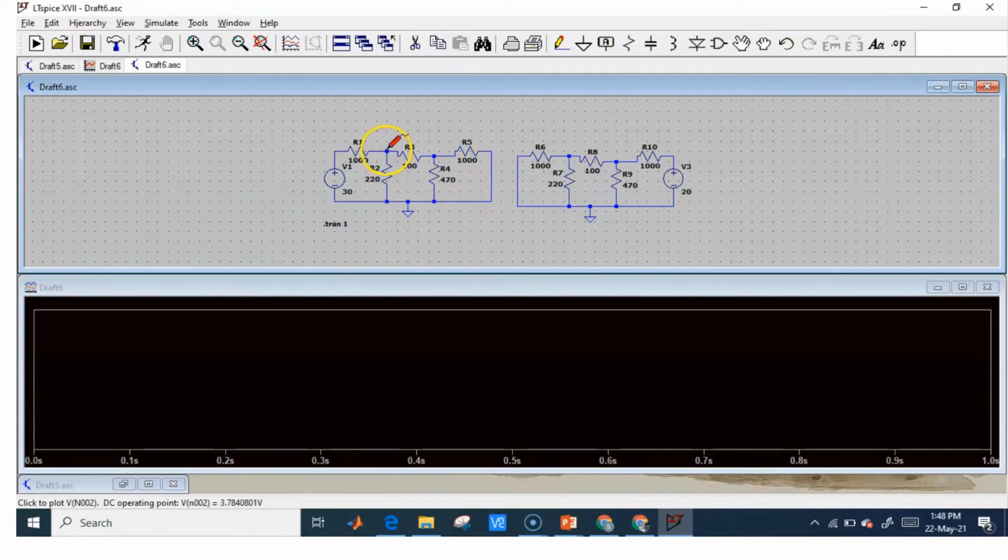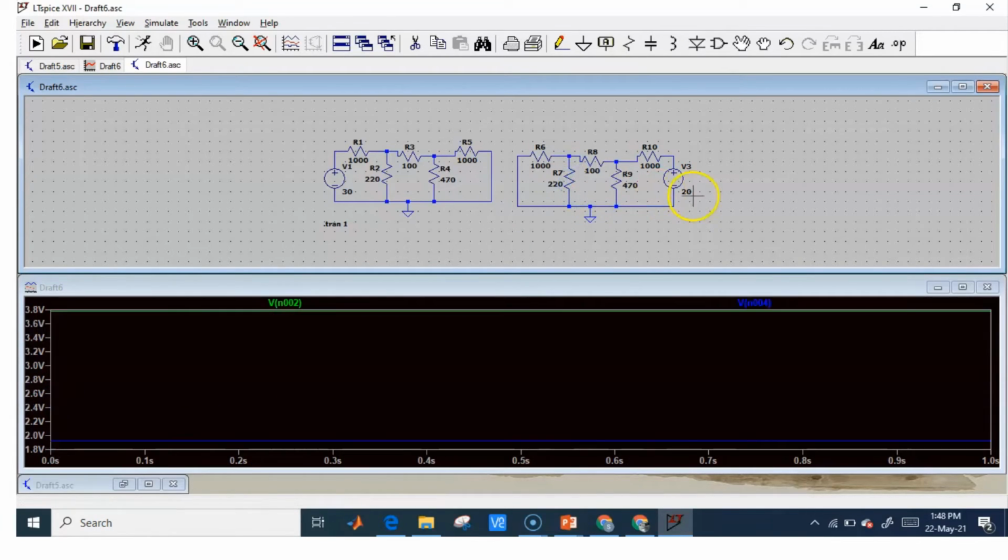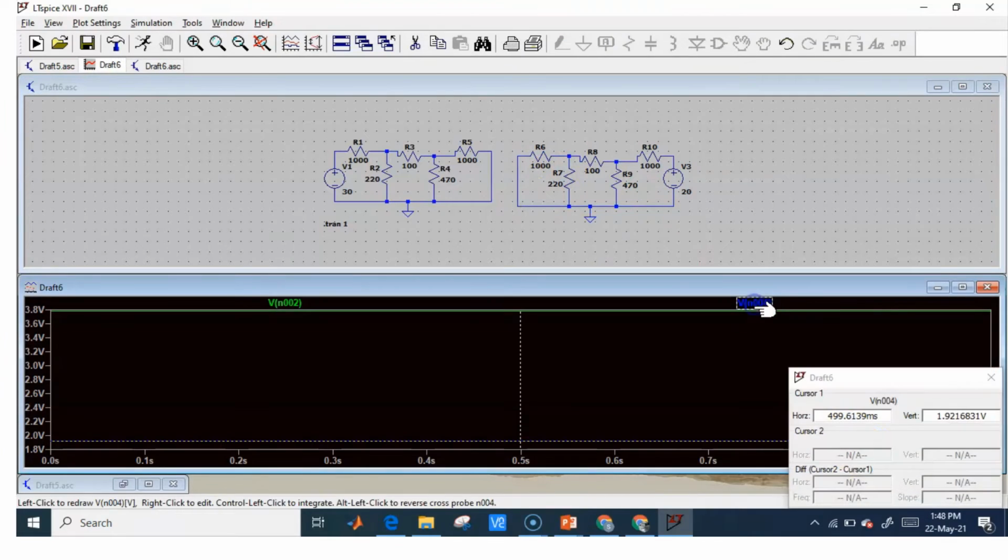So here, when we keep 30 volt and we have shortened the 20 volt, the voltage we are getting is 3.784 volt. And in this circuit, when we keep 20 volt and we have shortened the 30 volt, we have got the voltage as 1.92 volt. So let us sum this.